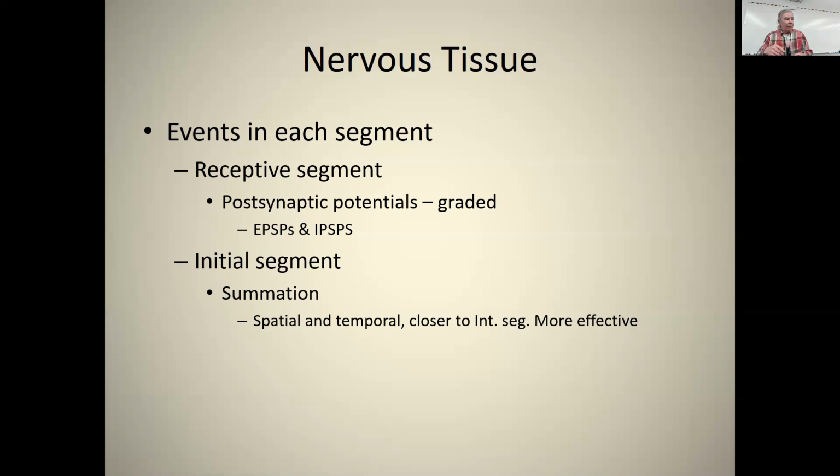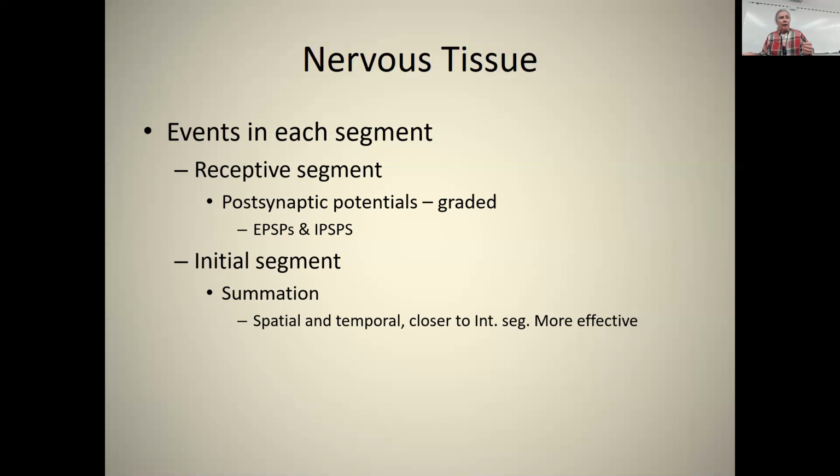Temporal is if you fire one EPSP, so you get this blip, a depolarization, and before that goes back to membrane potential, another synapse fires, then that's called temporal, and that will add upon each other. So they'll make bigger depolarizations.